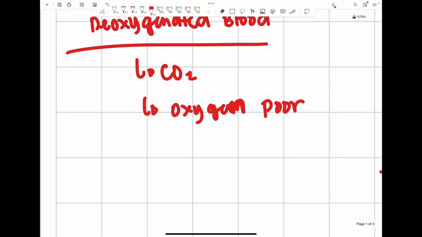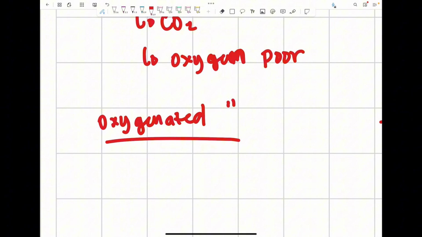And oxygenated blood is your oxygen, and the opposite of oxygen poor is oxygen rich.